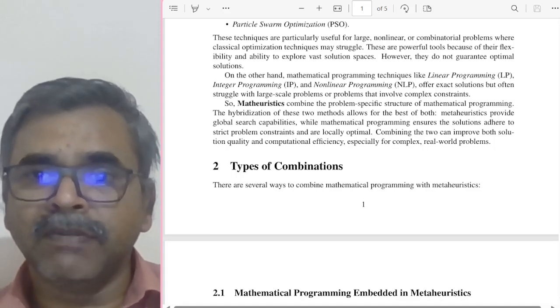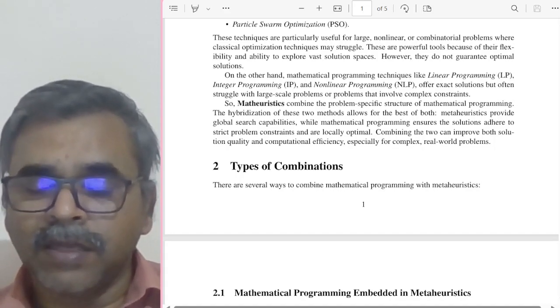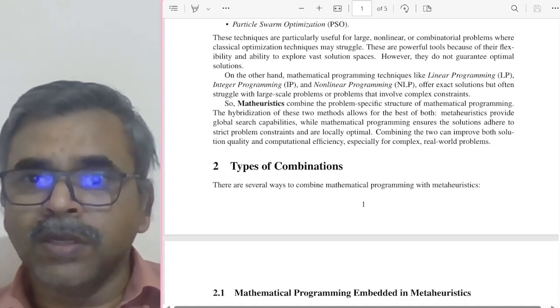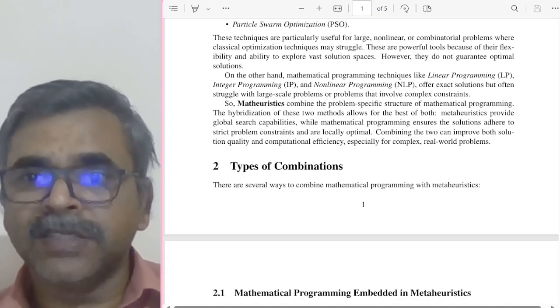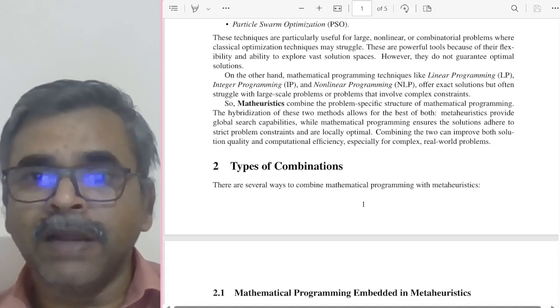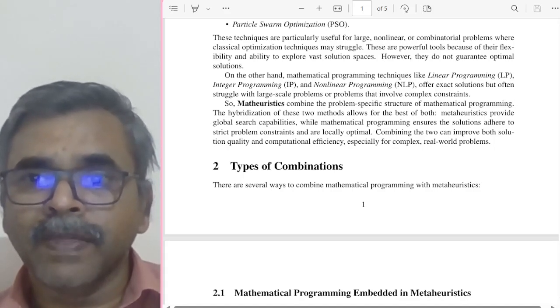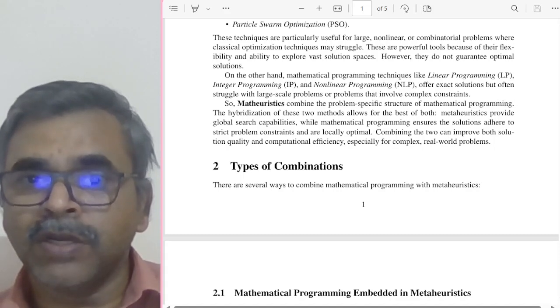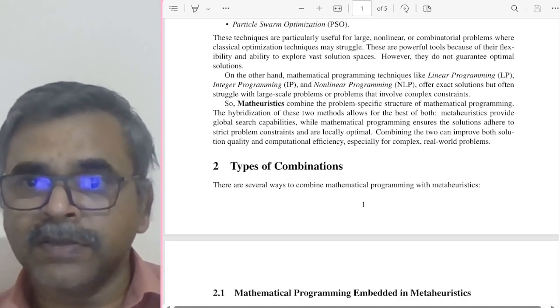So Matheuristic combines the problem-specific structure of mathematical programming. The hybridization of these two methods allows the best of both methods. Metaheuristic provides global search capability, while mathematical programming ensures solutions which are optimal, locally optimal.